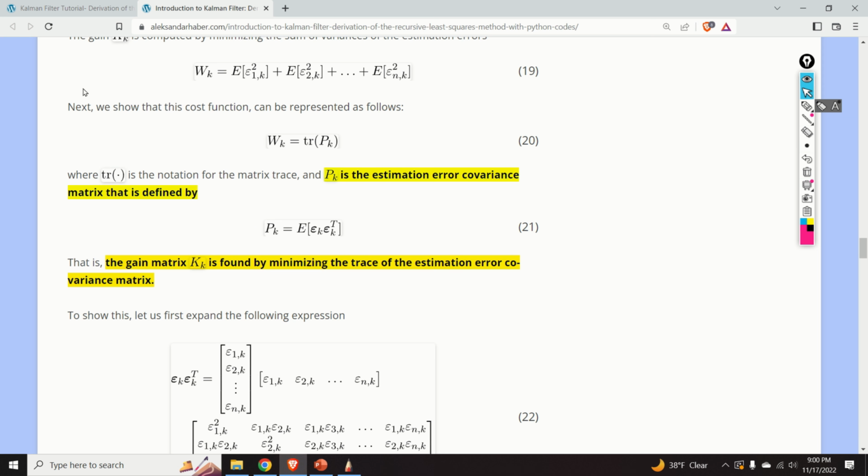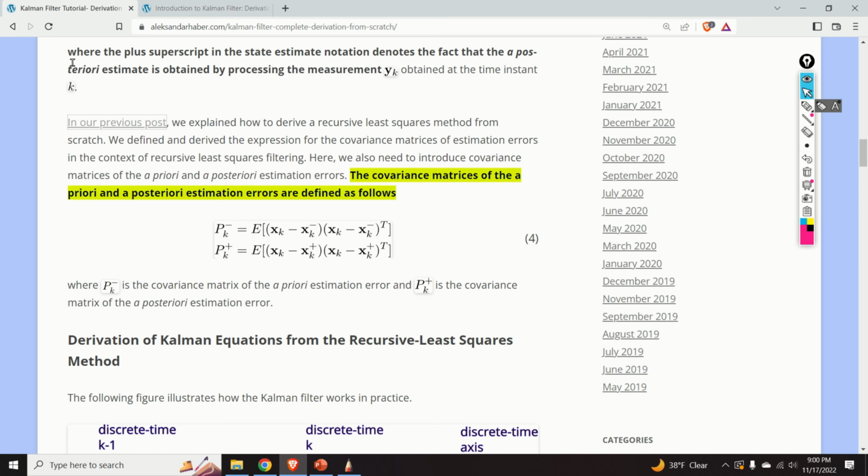Now let us go back to our Kalman filter tutorial. Since we have two state estimates, the a priori state estimate and the a posteriori state estimate, we need to define two covariance matrices.